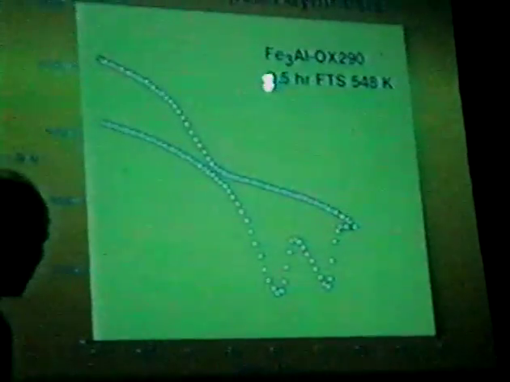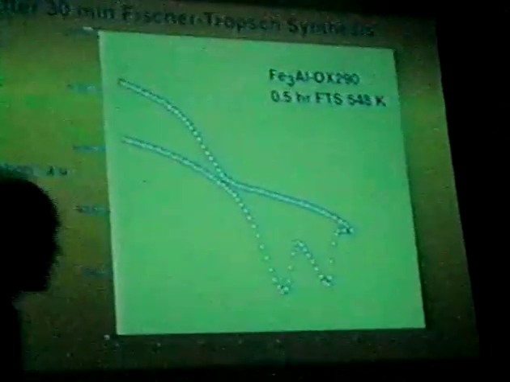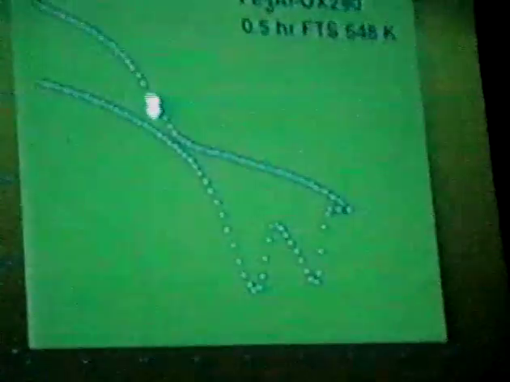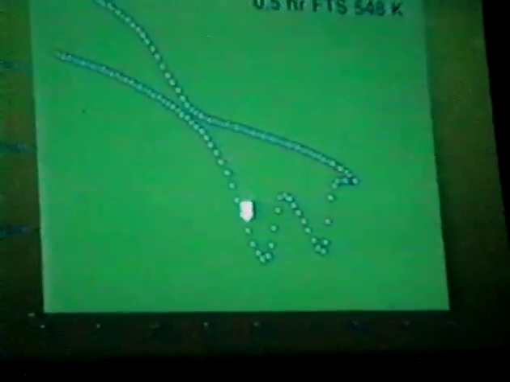And to appreciate the stability, we first take this iron on alumina catalyst after half an hour of Fischer-Tropsch synthesis, and we are measuring magnetization as a function of the temperature, and we stopped the Fischer-Tropsch. So we cooled down, and then we are heating up. And over here, you see the drop, as I told you, the drop in the ferromagnetism.